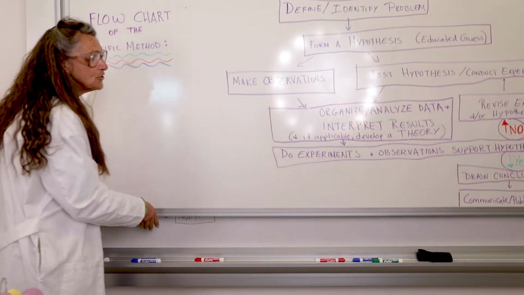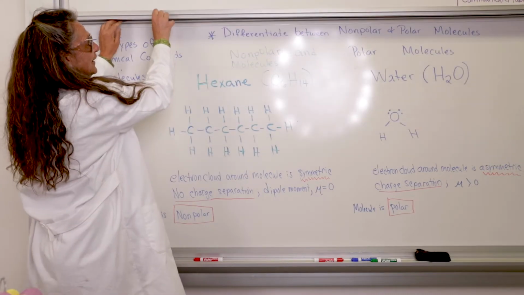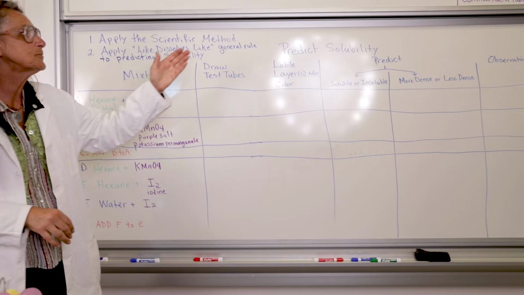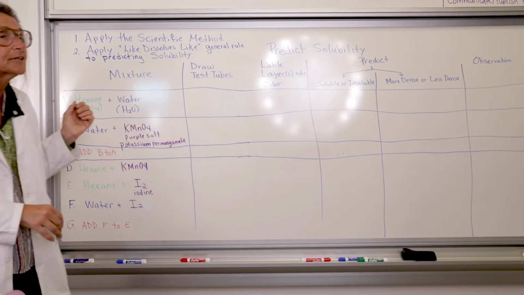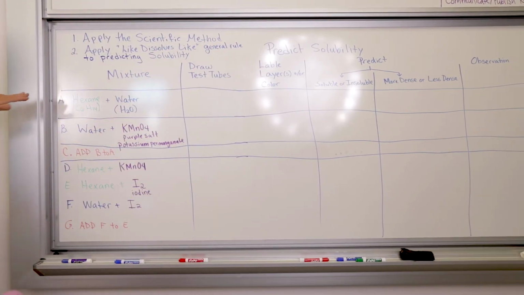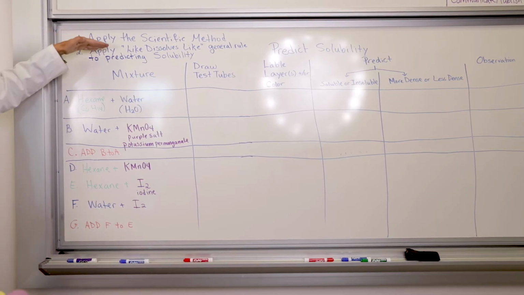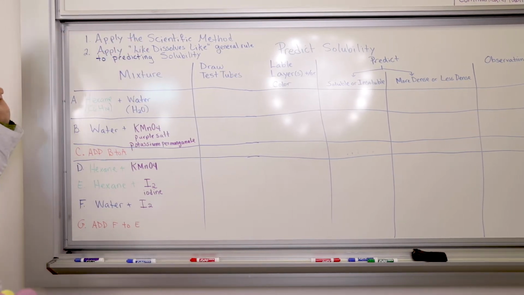Okay, so we're going to use this principle in trying to understand, predict and observe solubility. The first thing we're going to do is apply the "like dissolves like" general rule.